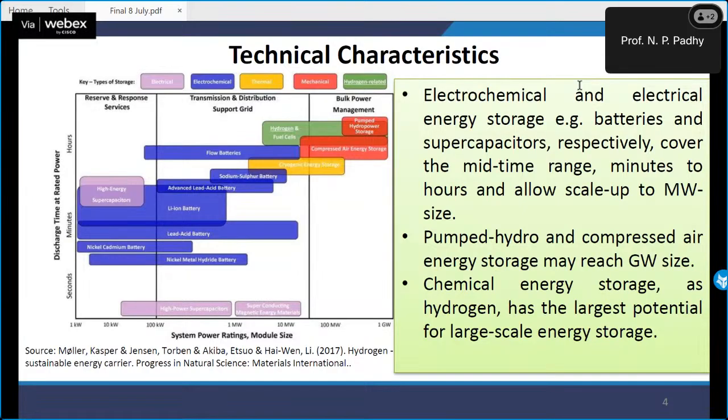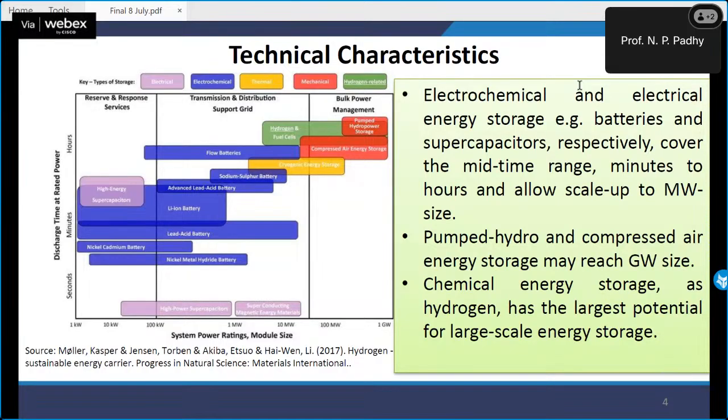So for example, if you like to discharge a battery in minutes, and the capacity is close to, let's say, 300 kilowatt, can you tell me which batteries are suitable? I think many battery categories are suitable, but certainly lead acid or lithium ion seems to be a suitable type.